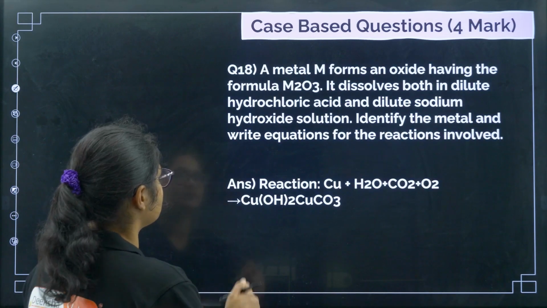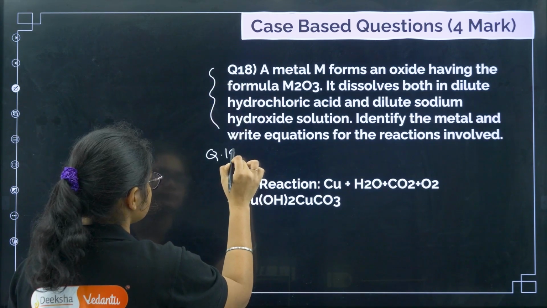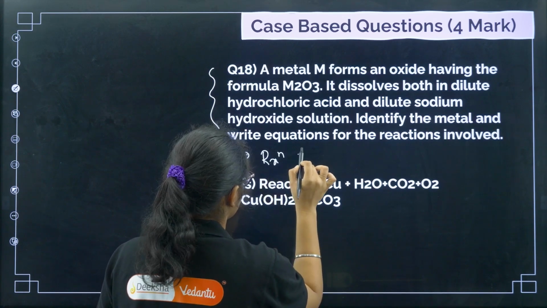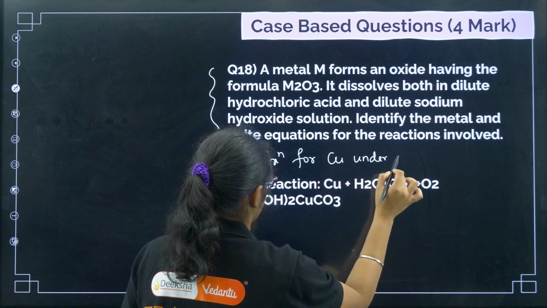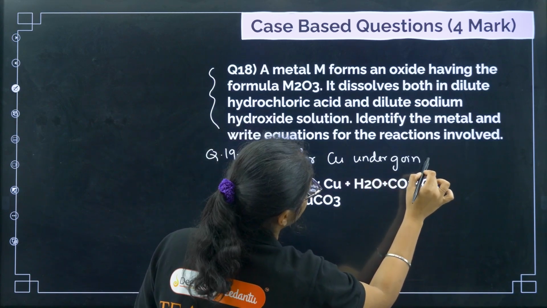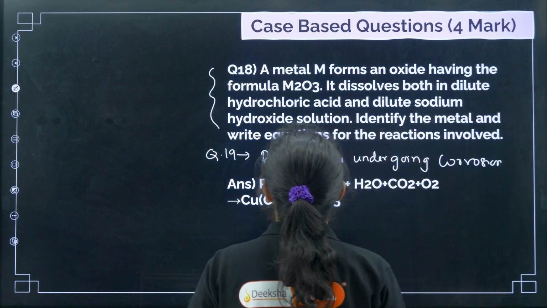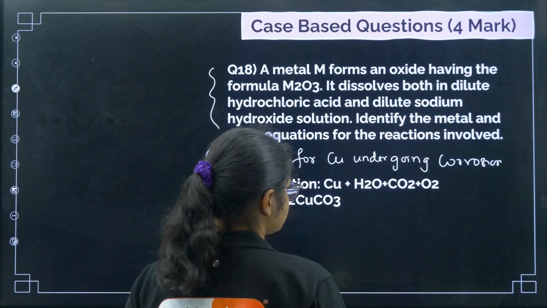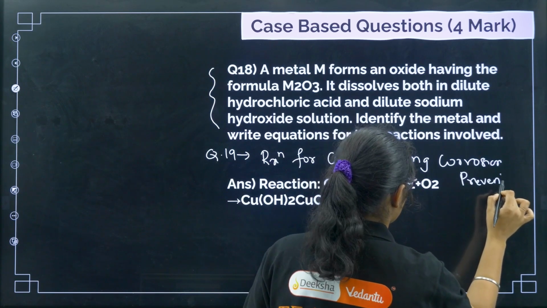The question here was to write the reaction for copper undergoing corrosion, and then you need to write preventive methods also.